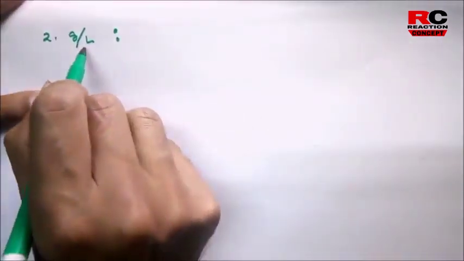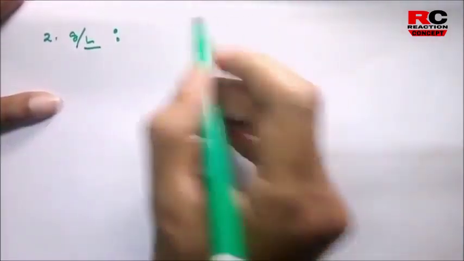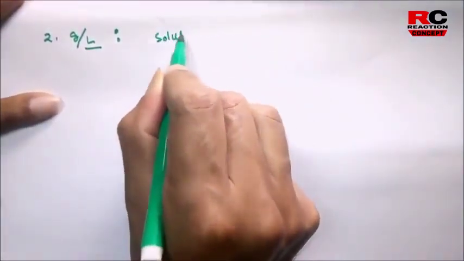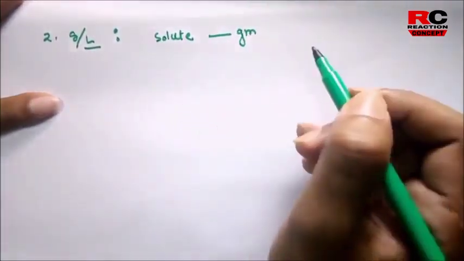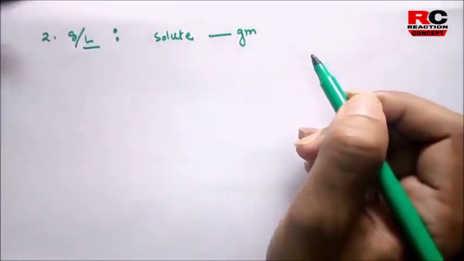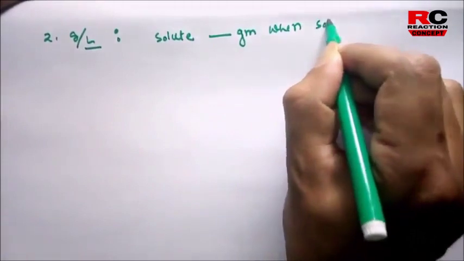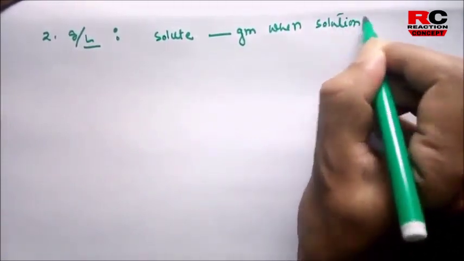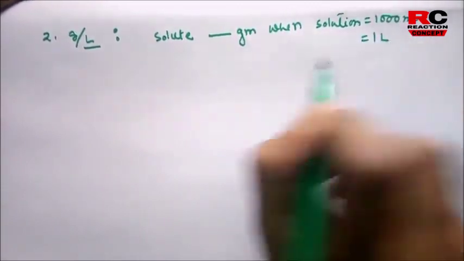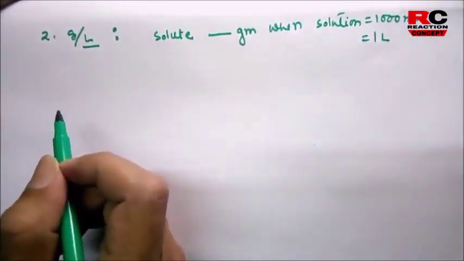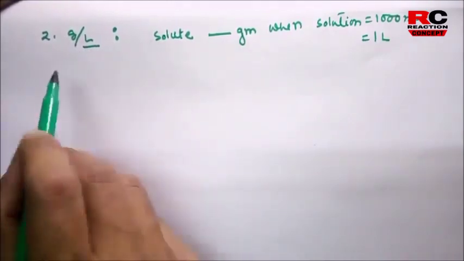This can be described as the amount of solute present in terms of gram per 1 liter of a solution, when the solution is 1 liter or 1000 ml. Okay, this concentration term is known as gram per liter.